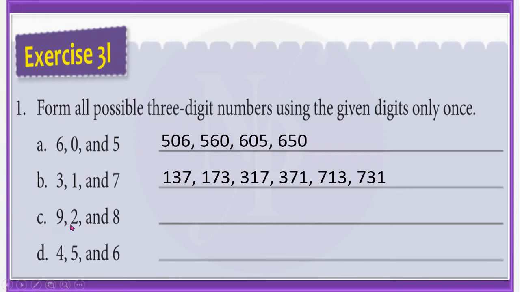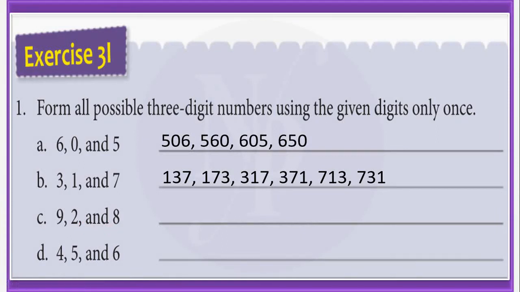Now look at question C here. The given digits are 9, 2 and 8. Using these digits, let us form all possible 3-digit numbers without repeating. So as I am doing from the beginning here, let us start from the smallest possible number, writing the digits from smallest to greatest.